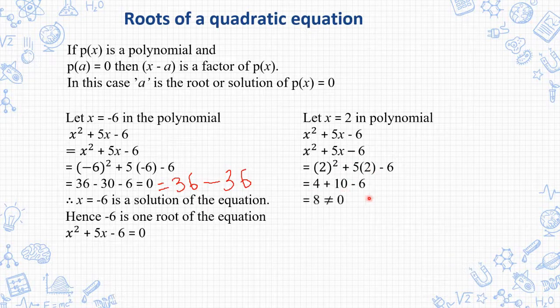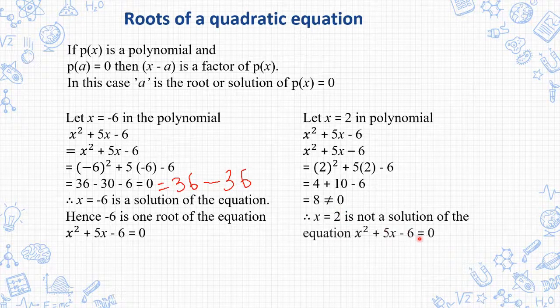So 4 plus 10 minus 6 will give you 8, which is not equal to 0. After substituting x as 2, I'm getting a non-zero number. So I will say that x is equal to 2 is not a solution of the equation x squared plus 5x minus 6 equal to 0.